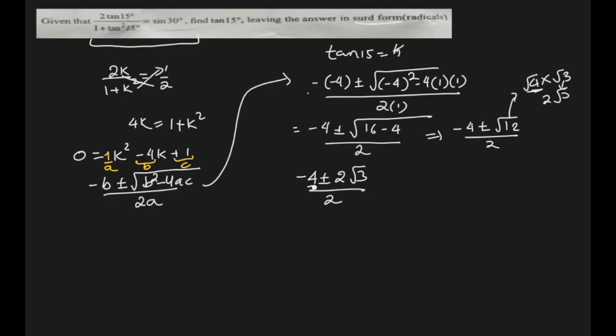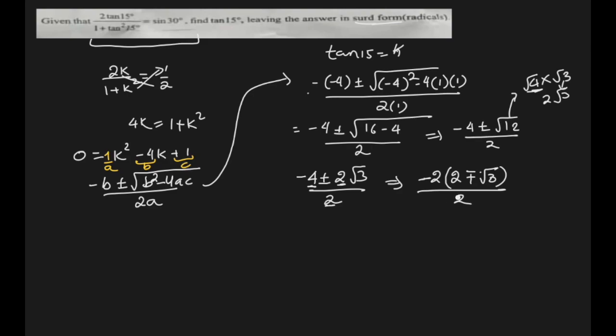Now we can see that this is even, this is even, this is even. So let's cancel out the things by taking 2 out of this. So let's take minus 2 out. Will it change it? No. So minus plus minus will now become minus plus square root 3 only, because 2 is taken common.